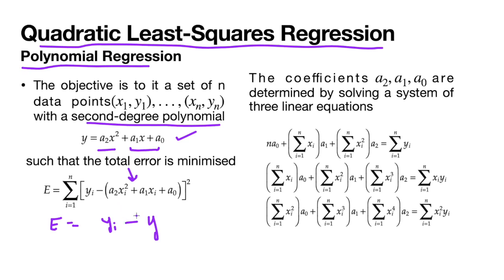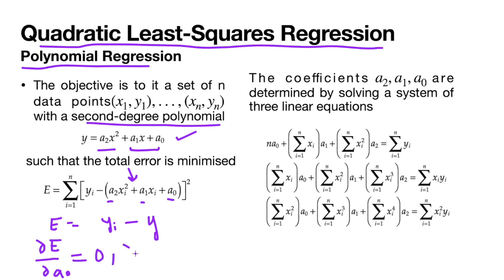Now the next step was to find all the constants a naught, a1 and a2. For that we need to find partial e over each of these constants. Partial e over partial a naught we will equate to 0.